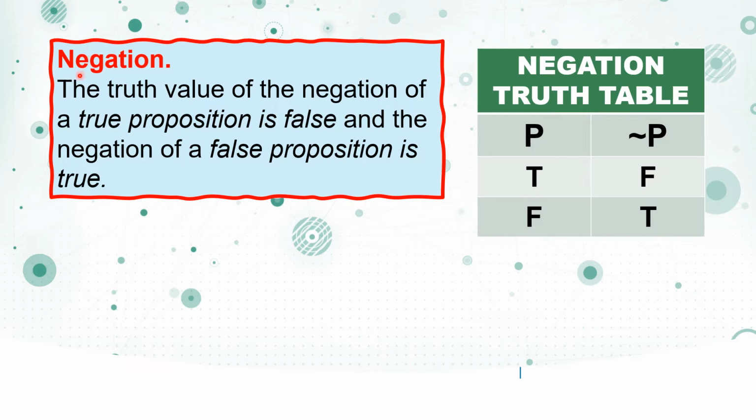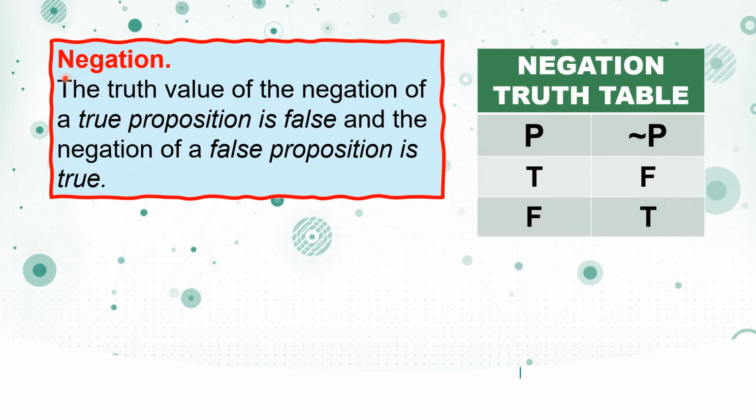The simplest logical operator is the negation. And negation means the truth value of the negation of a true proposition is false. And the negation of a false proposition is true.